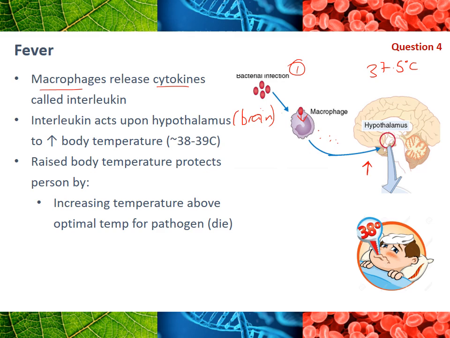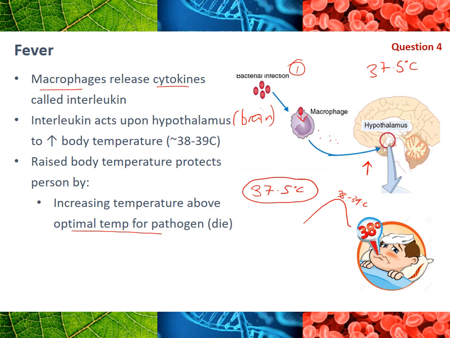One is that by increasing that body temperature, the body temperature goes higher than the optimal temperature for the pathogen. Okay, so pathogens that survive well in humans like 37.5 degrees. Remember, we look at the impact of temperature on things. If it goes even slightly higher than that, let's say up to 38 or 39 degrees, that could be the critical temperature for the enzymes inside that pathogen, and it will stop working.